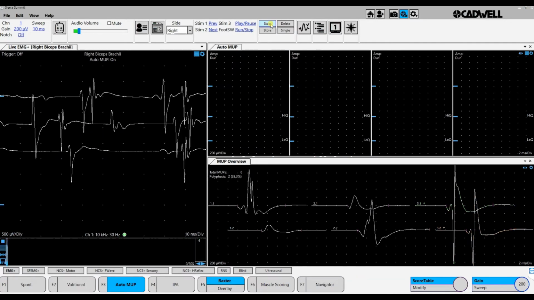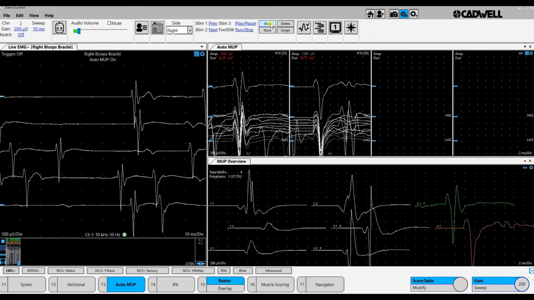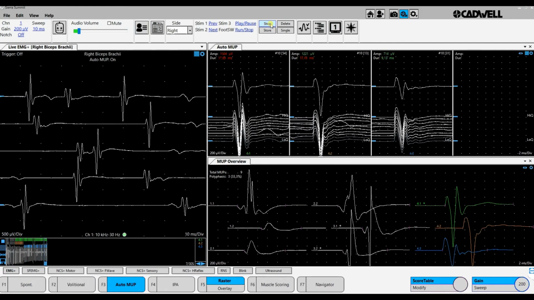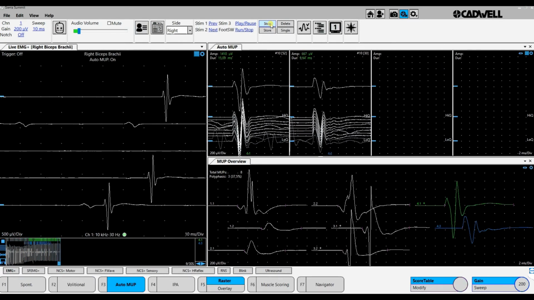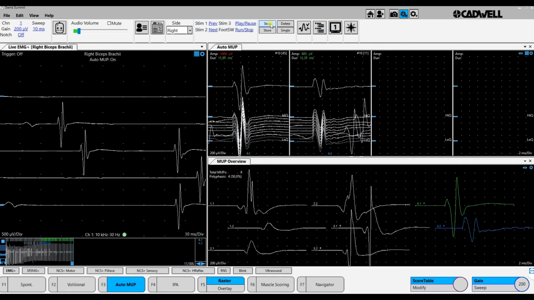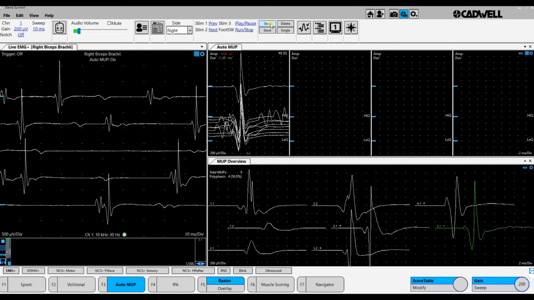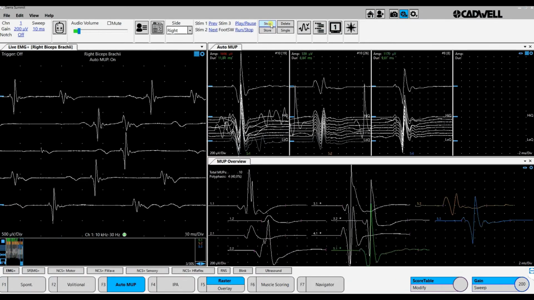These were 2 very similar units. Now we have 2 different units. We accept this, and then I move the needle a little, and we start the analysis again.